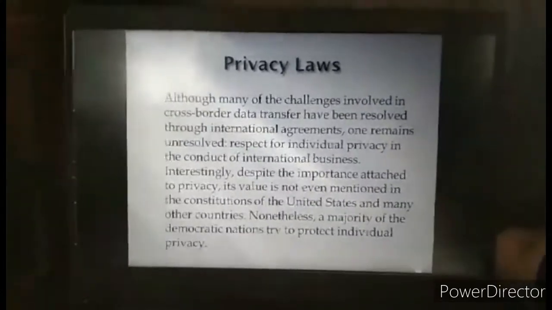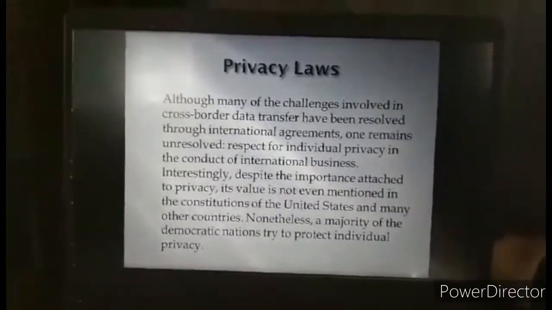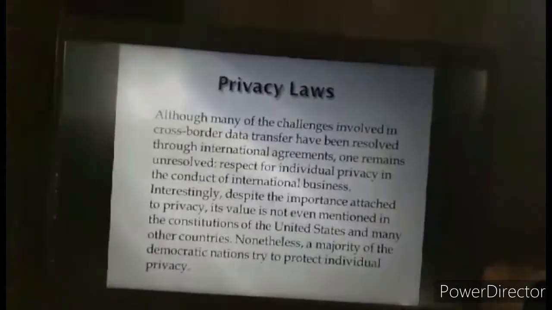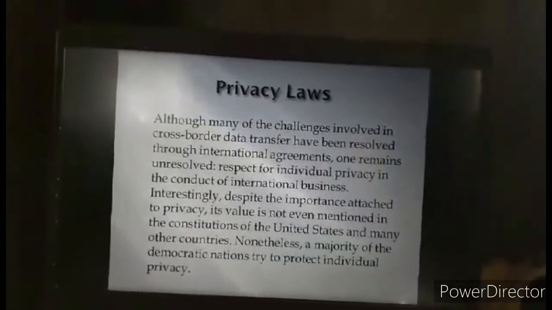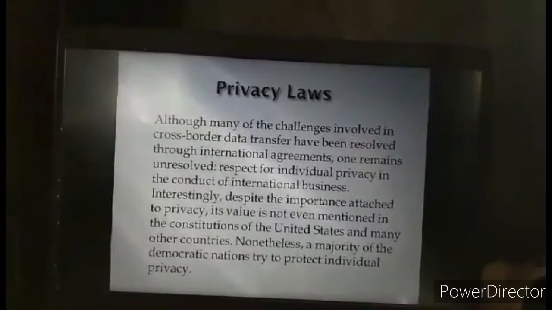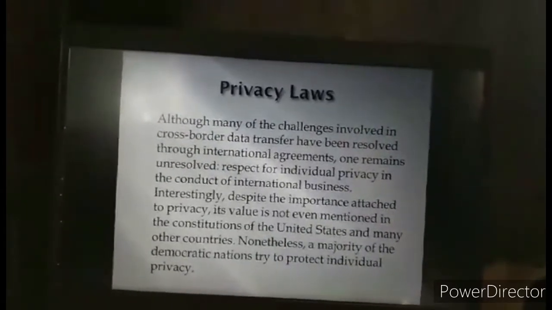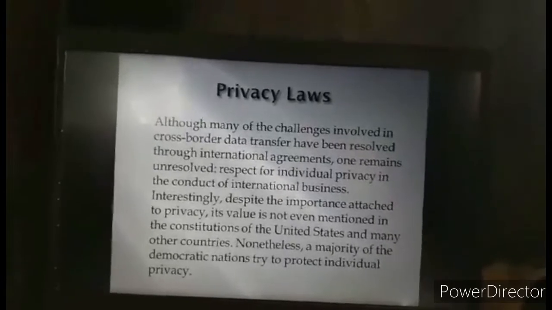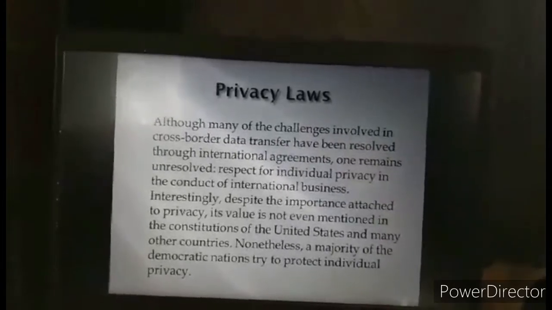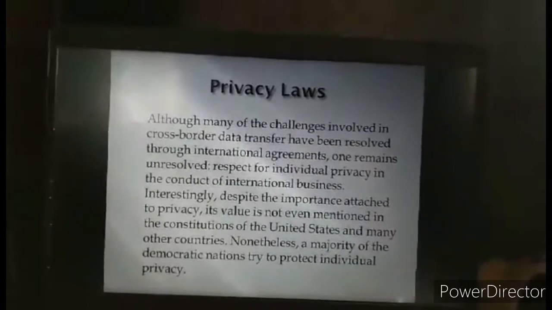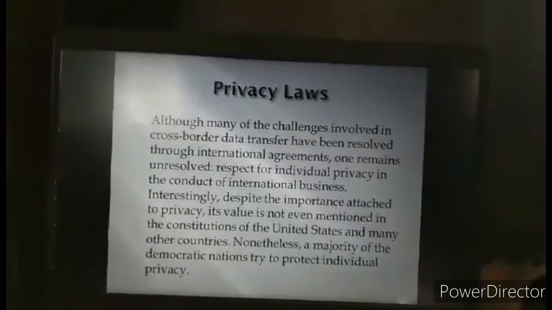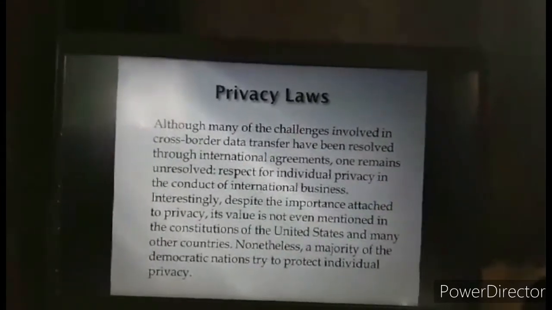Different countries also have different approaches to the issue of privacy, as reflected in their laws. Some are willing to forgo some privacy for the sake of better marketing and free flow of information. Others restrict any collection of personal data without the consent of the individual.